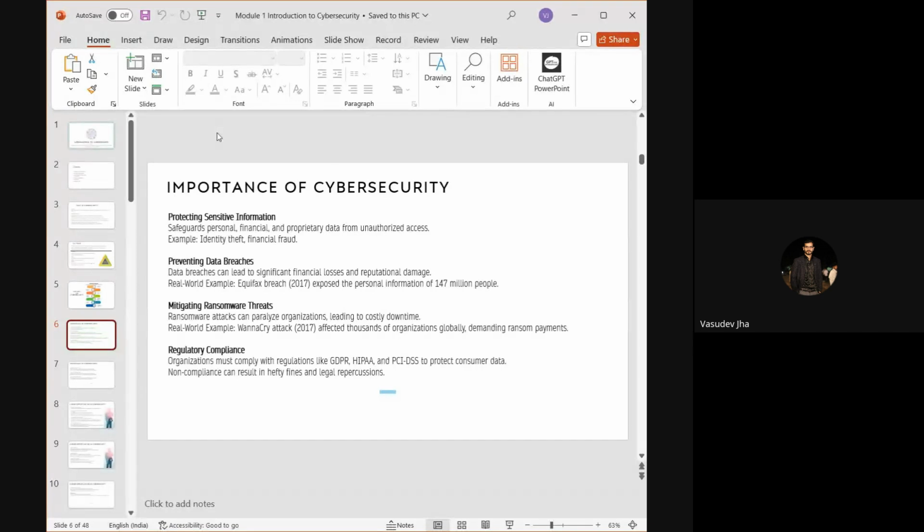Now, why is cyber security important? That is a question. Because look, students, when we are into cyber security, we are working with an organization. Now, organizations usually work for profit, right? Now, as a cyber security professional, you are not directly generating the profit.